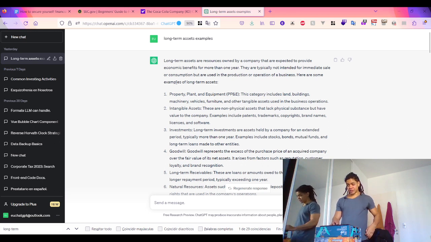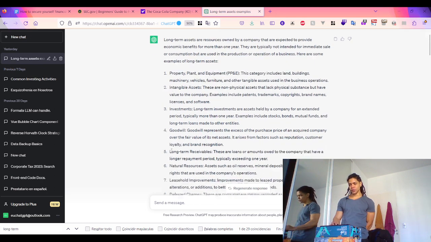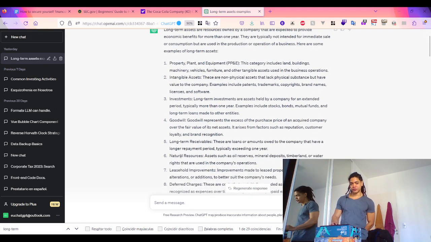So examples of long-term assets are property, plant, and equipment, intangible assets, investments, goodwill, natural resources, leasehold improvement. Lease, in Spanish, this is alquiler.